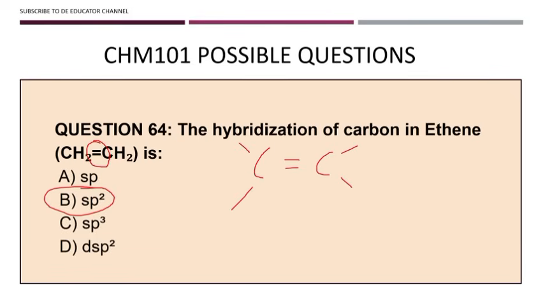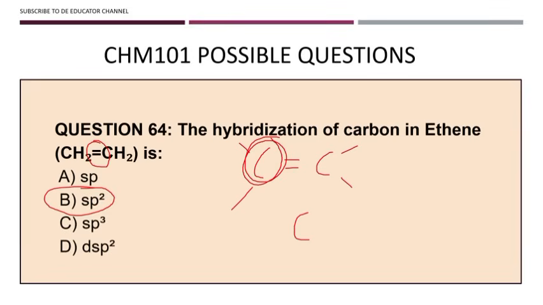Now, the hybridization is just for one carbon. If you look at this carbon here, it's bonded to another carbon by 2 bonds, right? But this double bond is not going to be counted as 2 bonds, it's counted as one for the sake of this formula. So if you count this as one, it will be 1, 2, 3. And remember, with 3 bonds you go for the one that has 3 letters, sp2.